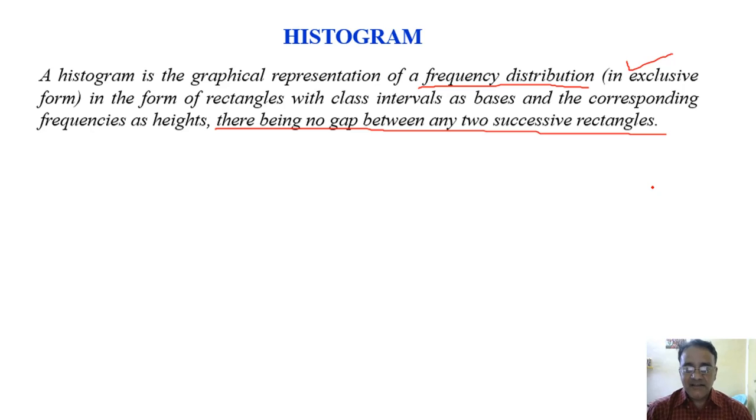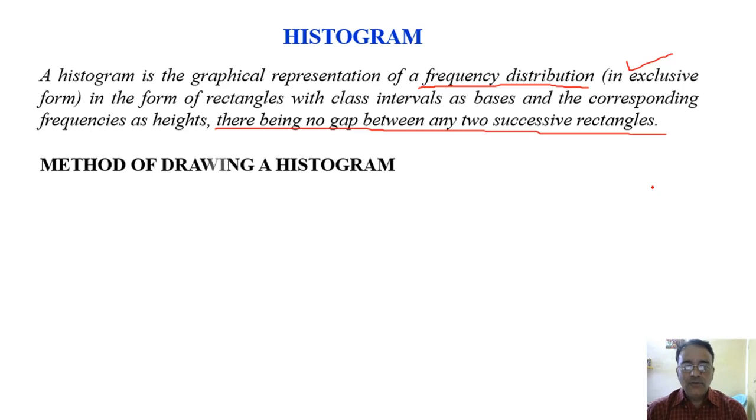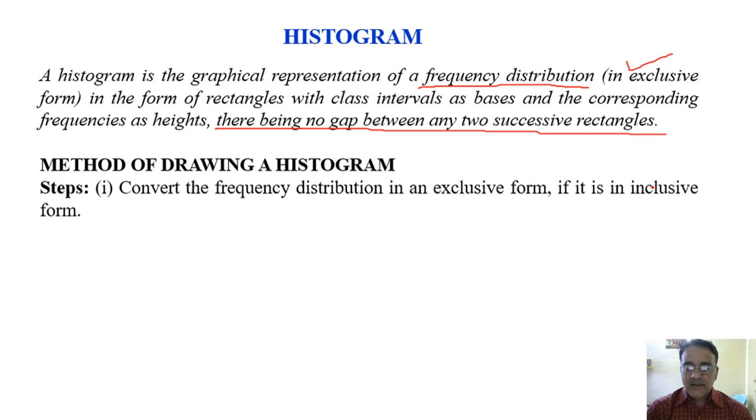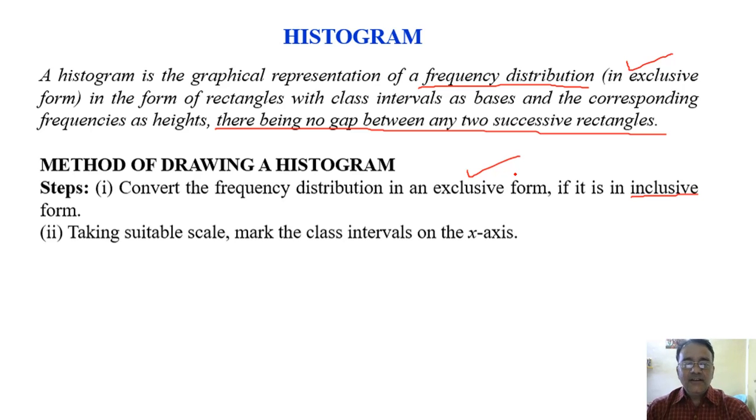Some methods are there. First method, you have to convert the frequency distribution to exclusive form if it is given in inclusive. Okay, if it is not continuous, then you have to make it continuous. So that also I will explain. One question is there. And second, taking suitable scale, mark the class interval on x-axis.